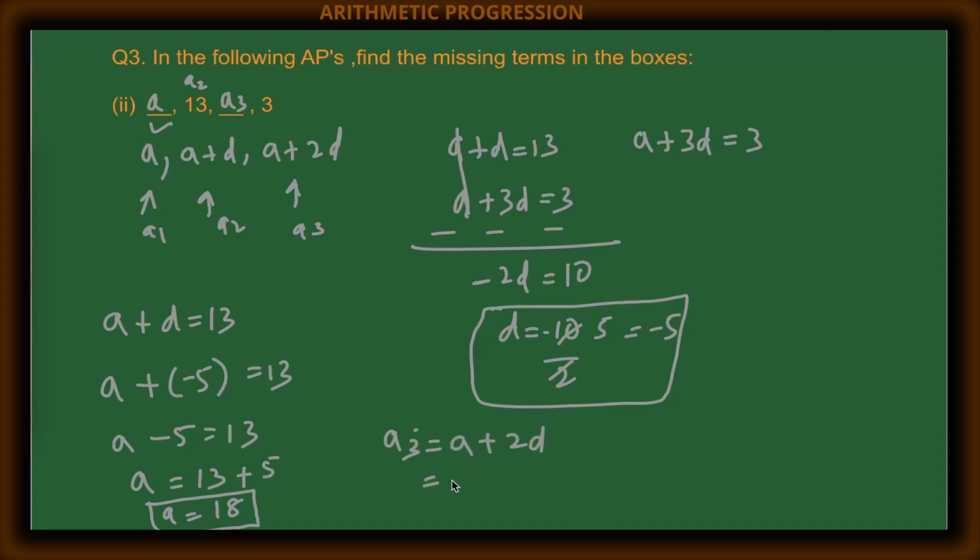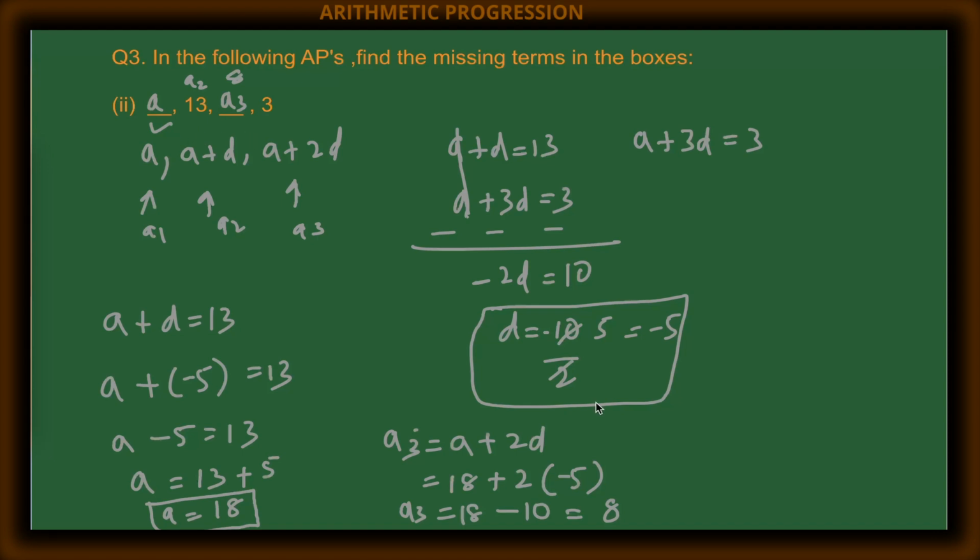In this we know A is 18, plus 2 times D. D is minus 5, so 18 plus minus 2 fives are 10, which becomes 18 minus 10, which is 8. So the A3 term is 8. We got both the missing terms here.